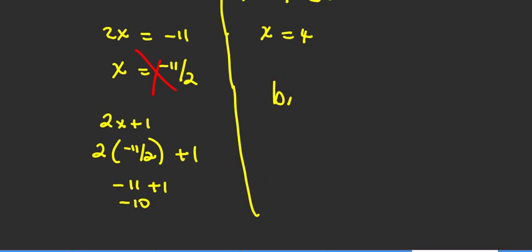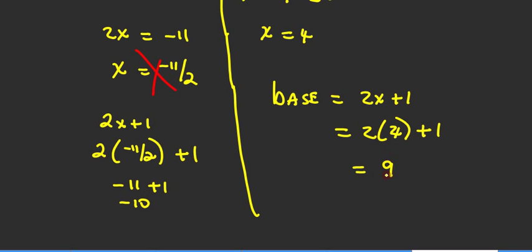So if x is 4, the base, which again is 2x plus 1, would turn into 2 times 4 plus 1, putting this x equals 4 into the 2x plus 1. So we get 2 times 4 is 8 plus 1 is equal to 9.